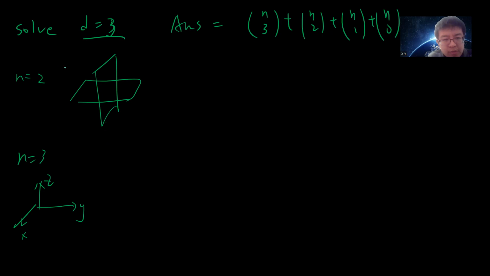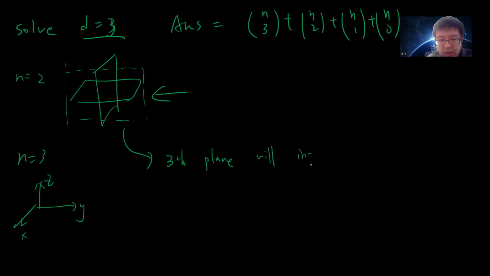But one way is to imagine this is the third plane, and the third plane cuts in here. So this third plane will intersect the rest of the planes, right?